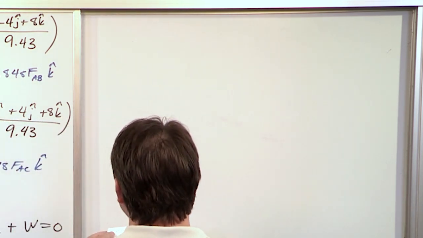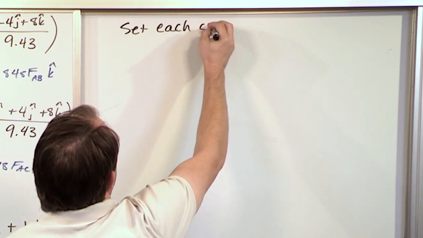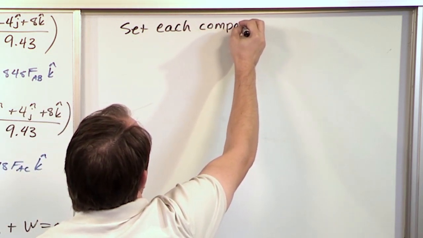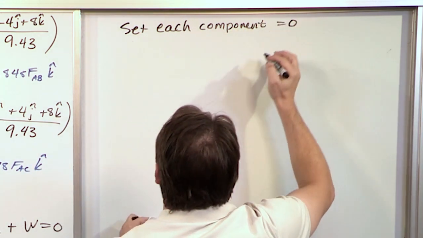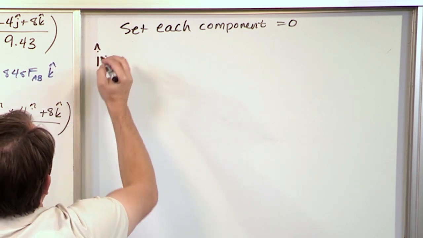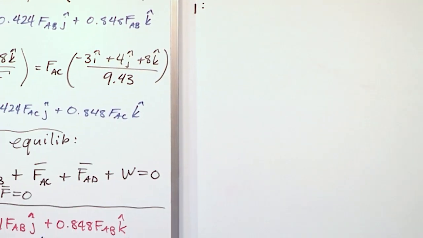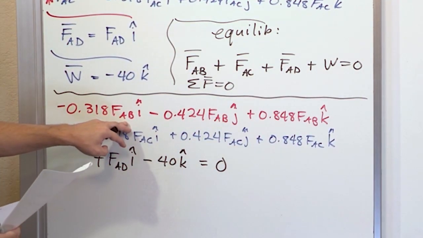So if we're going to set each component, and when I say component, I mean the ijk component, equal to 0, then for the I component, what are we going to have? We have 0.318 times FAB, right?